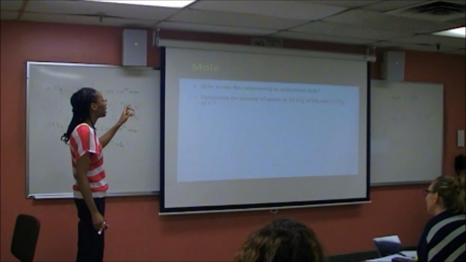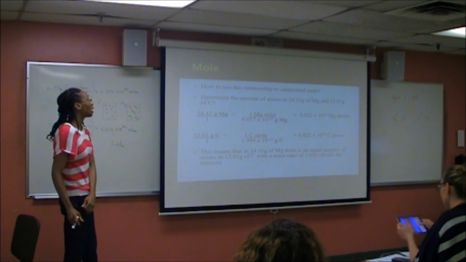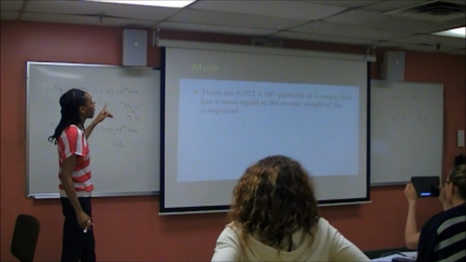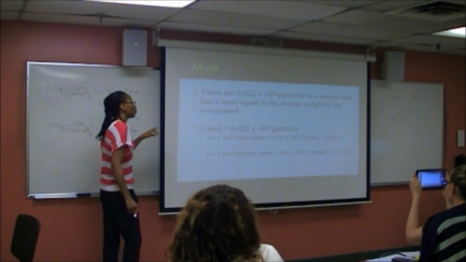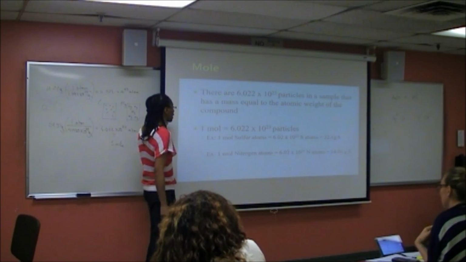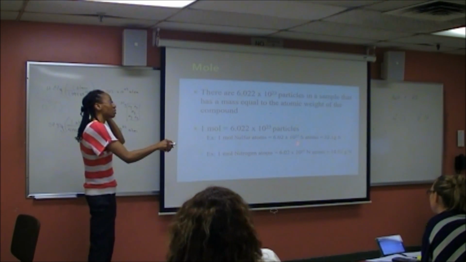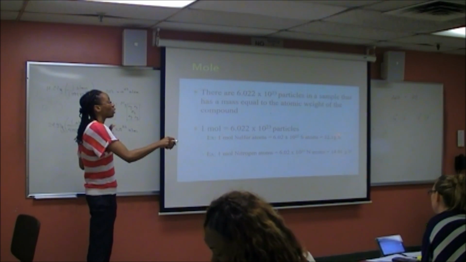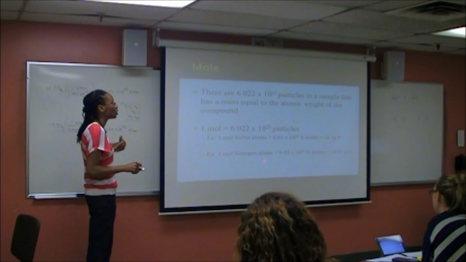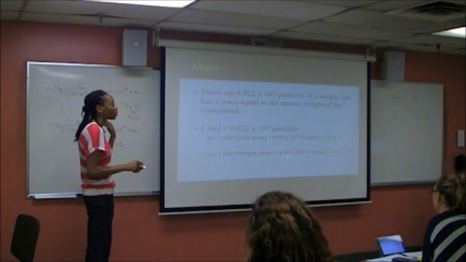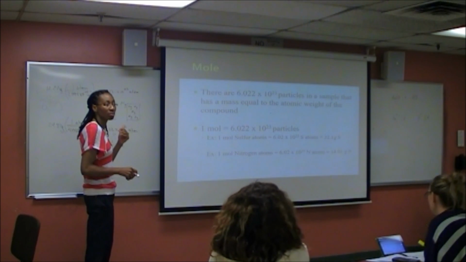So this is what we just did. Alright? So now, if you look at what we were talking about again, 1 mole of sulfur atoms contains Avogadro's number of sulfur atoms, which is also equal to 32.1 grams of sulfur. 1 mole of nitrogen atoms contains Avogadro's number of nitrogen atoms, which has a mass of 14.01 grams.